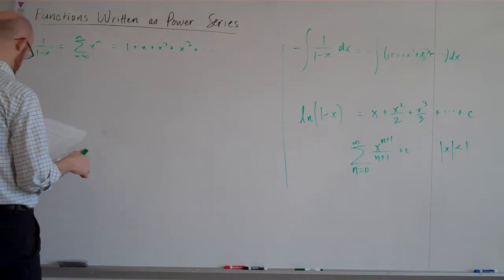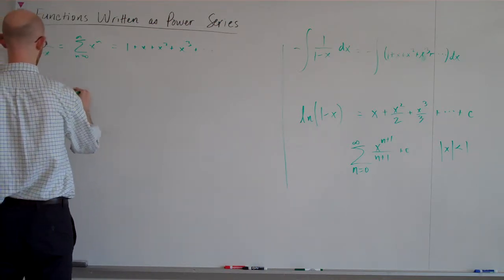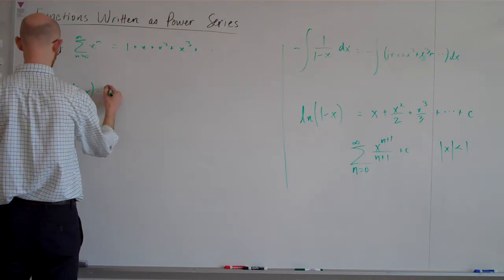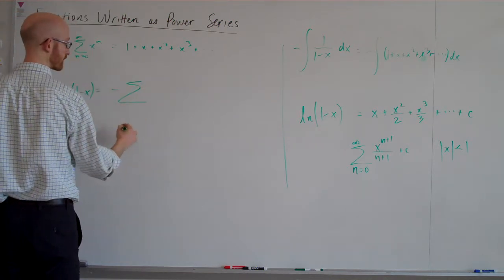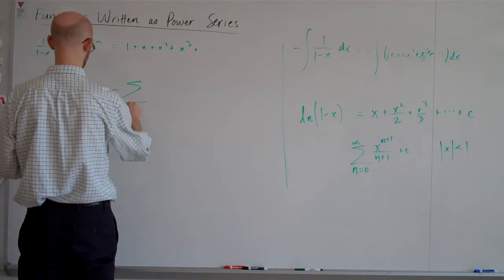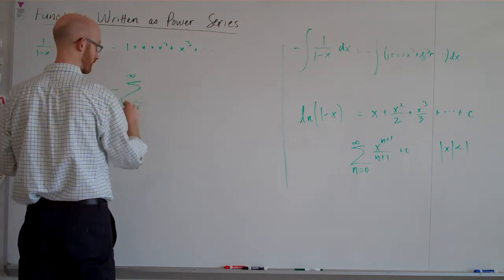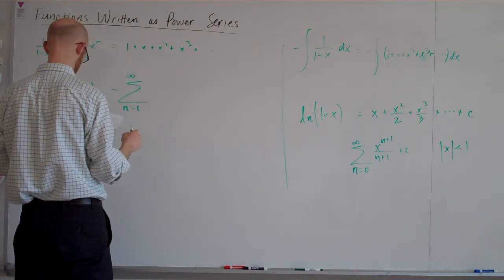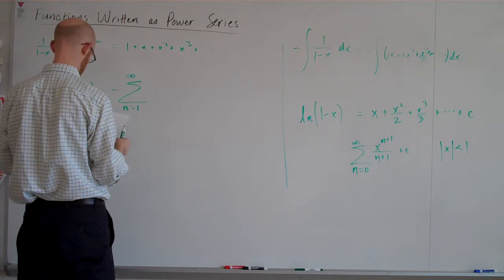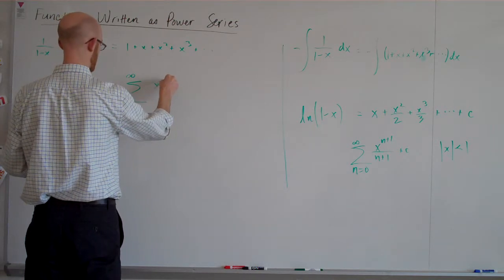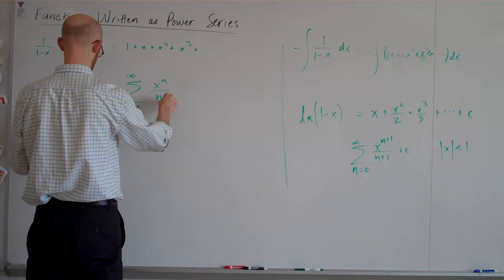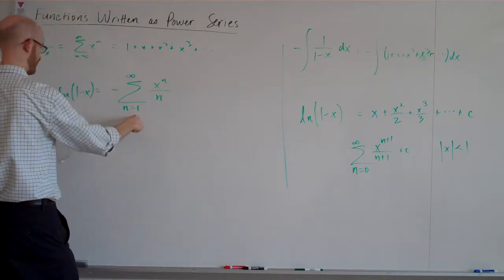So natural log of 1 minus x equals negative this sum. And I changed the index here.